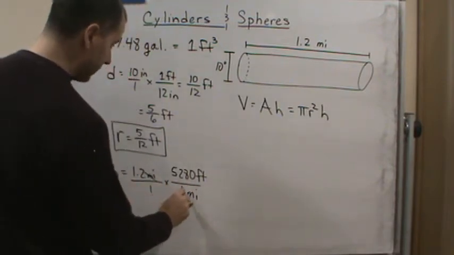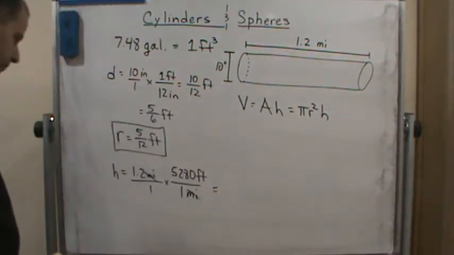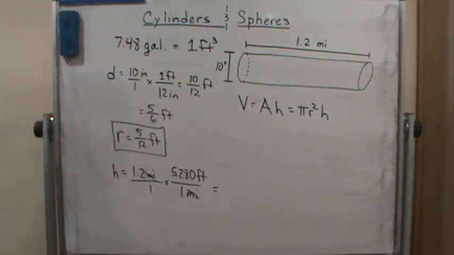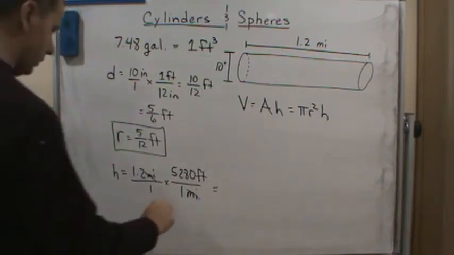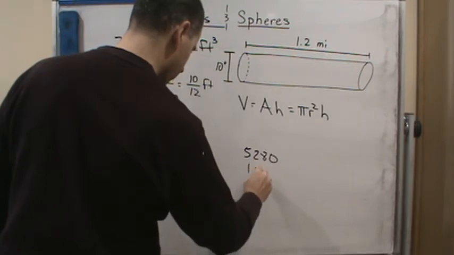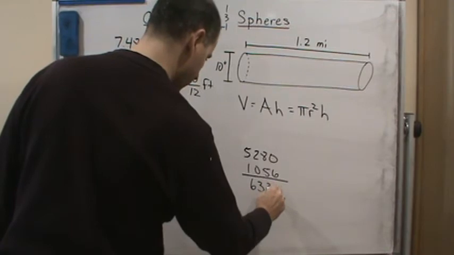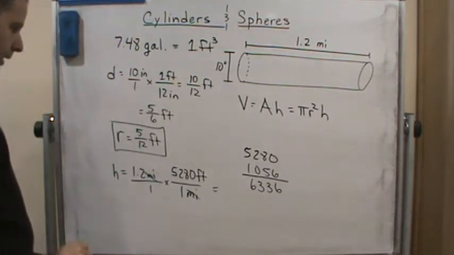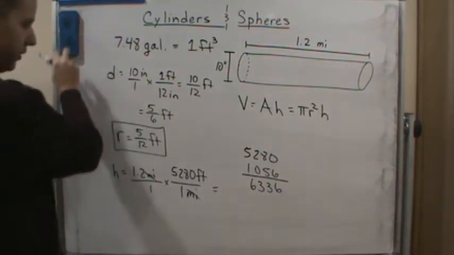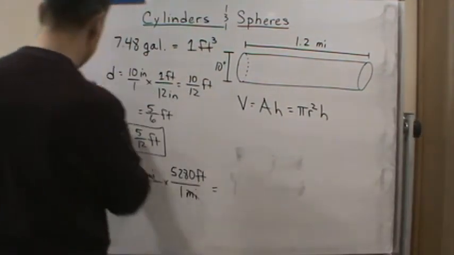So the miles cancel, and so we end up with 6,336 feet.